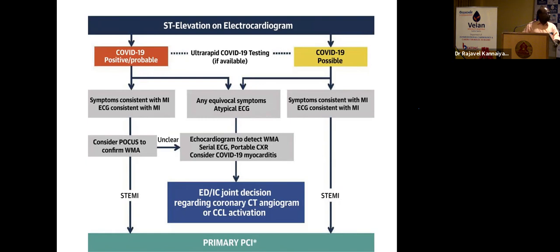In that type of patient, or a patient with respiratory failure, it is difficult for them to lie in the cath lab continuously for 1 hour. So in this type of patient, initially we can plan for pharmacoinvasive therapy. We can lyse the patient, stabilize within 24 hours, go for a coronary angiogram, and get a complete revascularization. This is the current scenario.